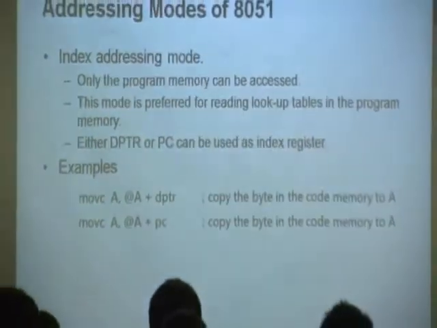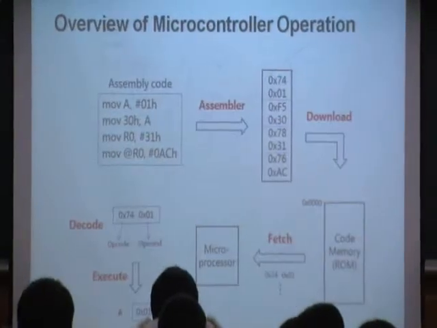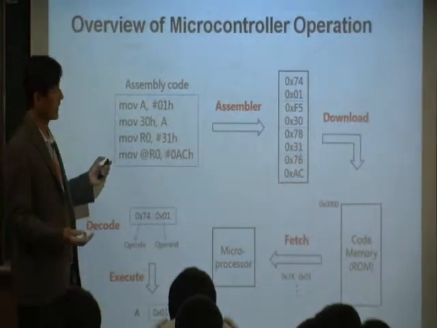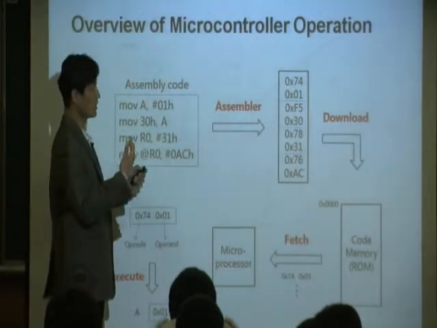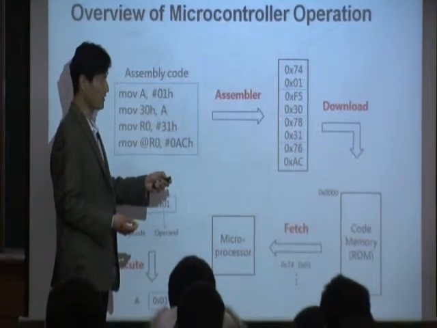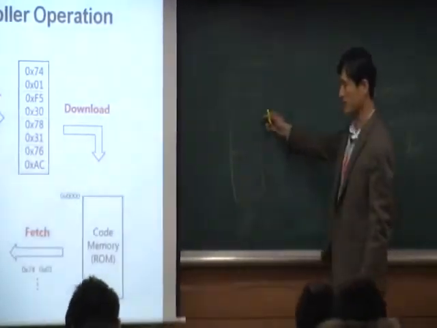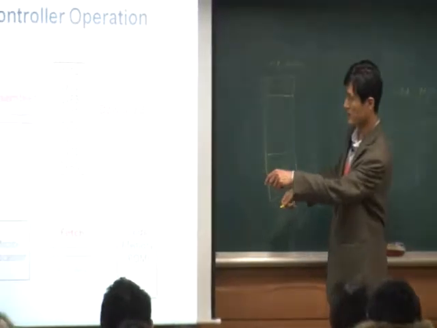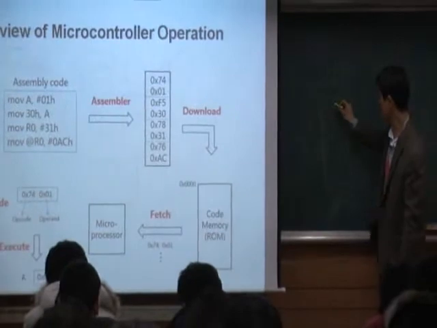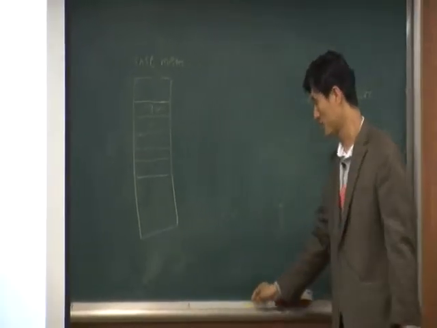Maybe we can look at this code. This is our assembly program, and I use the assembler to convert this assembly program into binary. This binary will be downloaded into code memory, the instruction memory, and now we have code memory here. Let's say we have these things, 7401, something like this.